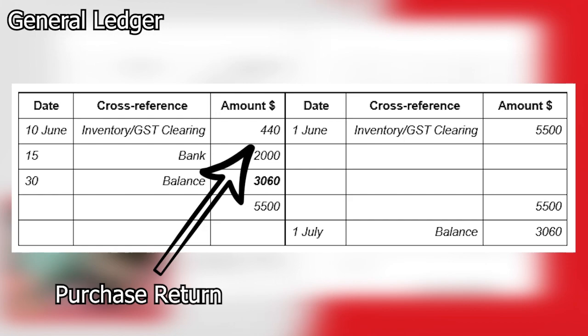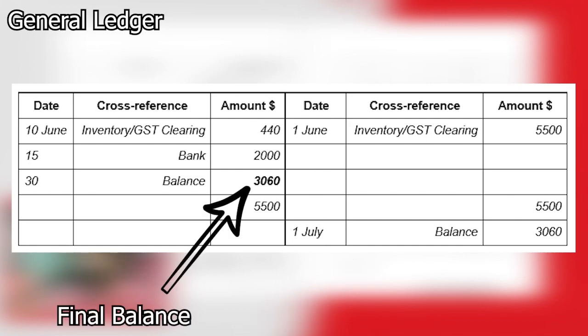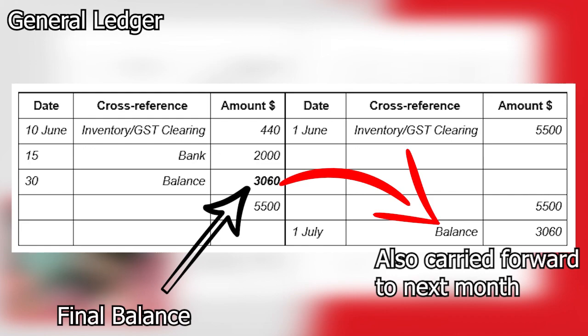And then you've got the bank, which makes it go down again, and that again is a debit. And then we've balanced that off here, and you can see the final balance, $3,060. There's only one account that this $3,060 goes in, and that is the balance sheet.